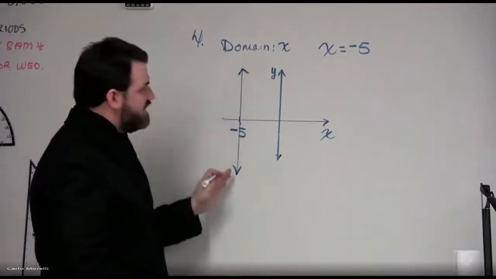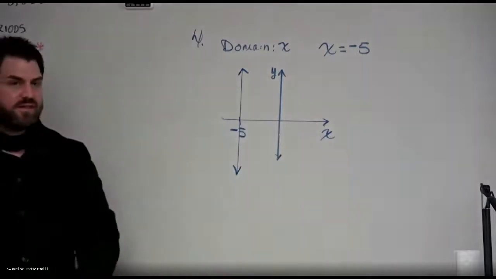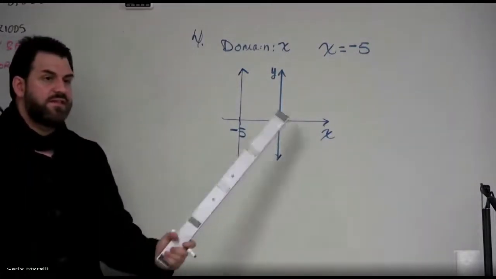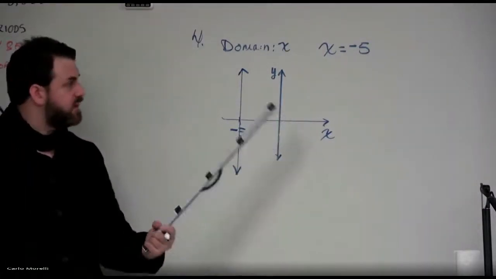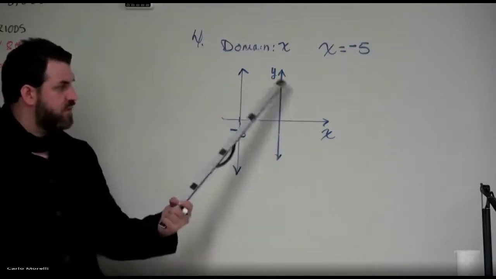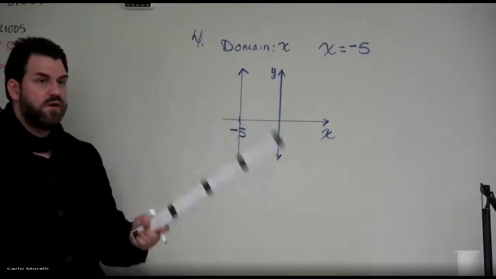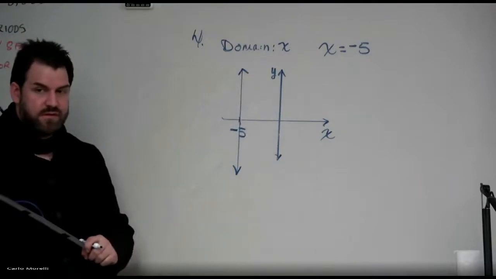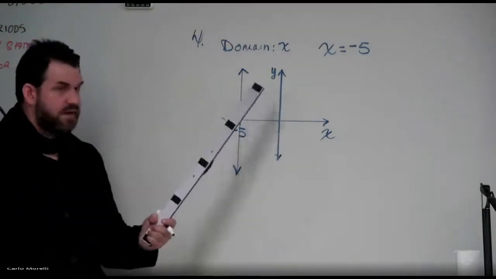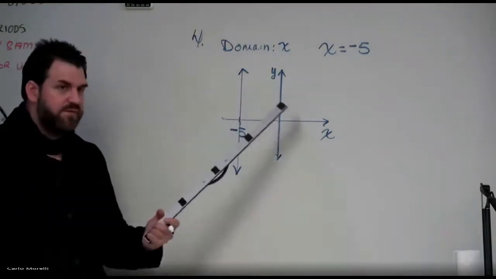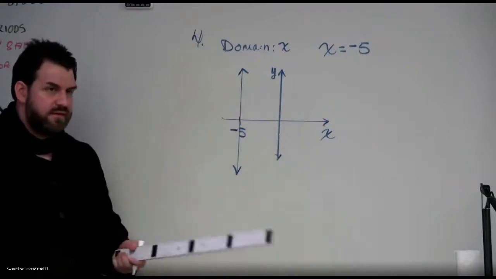So because it never crosses the y-axis ever, anywhere, it's not a function. Because the two dimensions, the x dimension and the y dimension, never interact with one another. And for it to be a function, they have to interact. But that really doesn't have anything to do with the domain. I'm just telling you that.